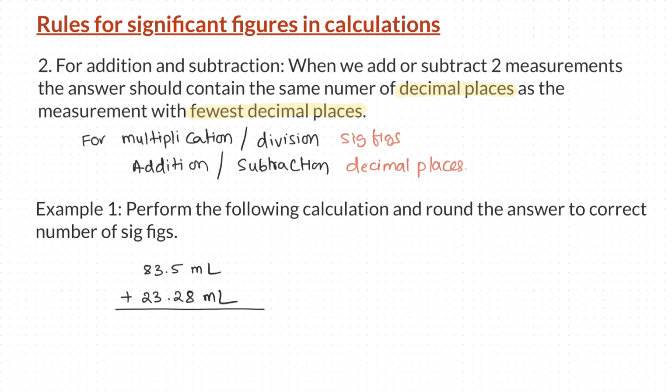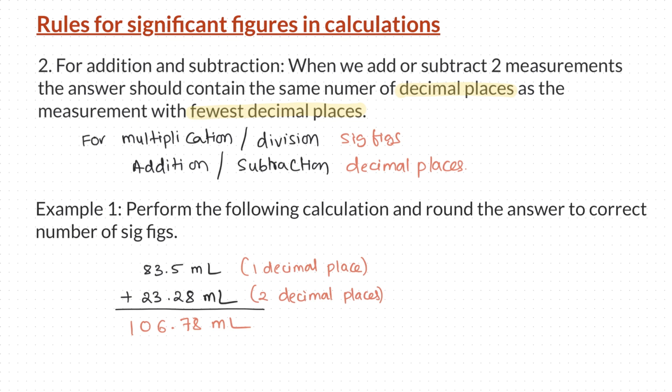Perform the following calculation and round the answer to the correct number of significant figures. 83.5 milliliters plus 23.28 milliliters. If we plug these numbers into a calculator, we get 106.78 milliliters. The measurement 1 has 1 decimal place and the measurement 2 has 2 decimal places.